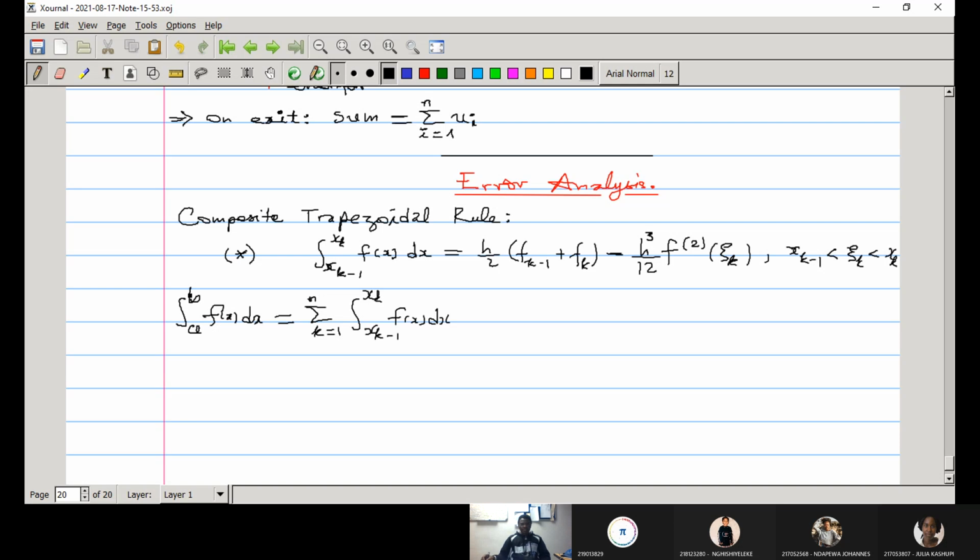Now, if I do that, summing will give us the integral from a to b of f(x) dx, which is the sum of this. So we apply the sum here. And we know already the rule for this. We know that that's our composite trapezoidal rule.